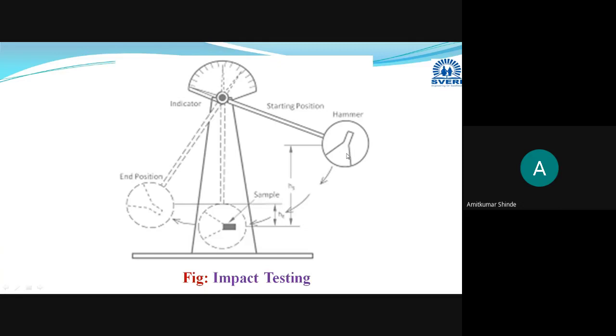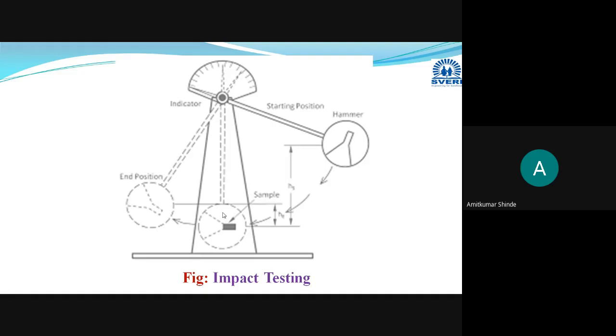But in tensile impact energy testing, the specimen will be fixed in a horizontal way, and one end will be fixed with the help of a gripper. In that gripper we are fixing the specimen, and the other end will be free, so in short it will form a cantilever beam.